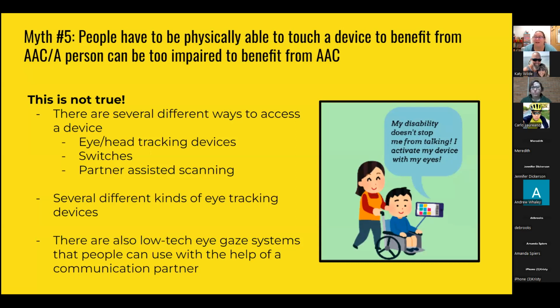We have eye gaze devices. And we do have students who lack the fine motor skills to manipulate some of our light tech systems. Technology has advanced at such a significant rate that this myth has kind of gone by the wayside.